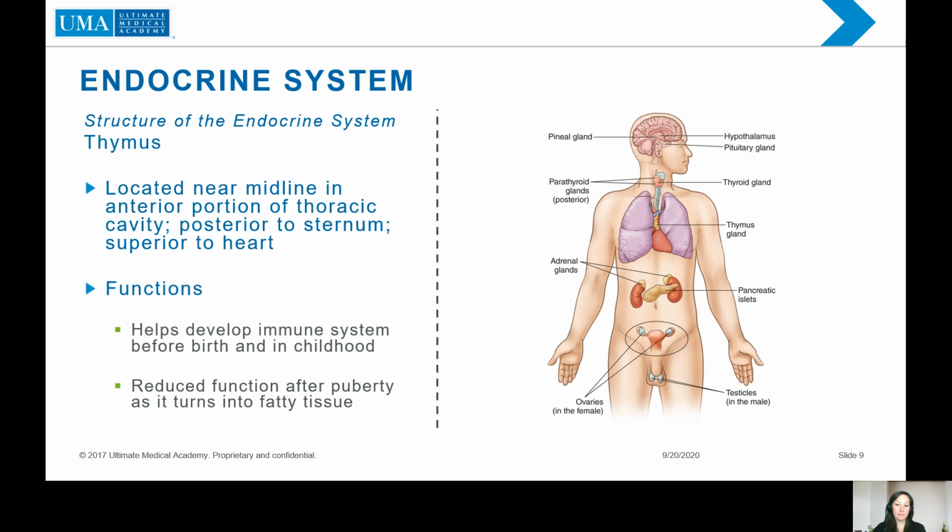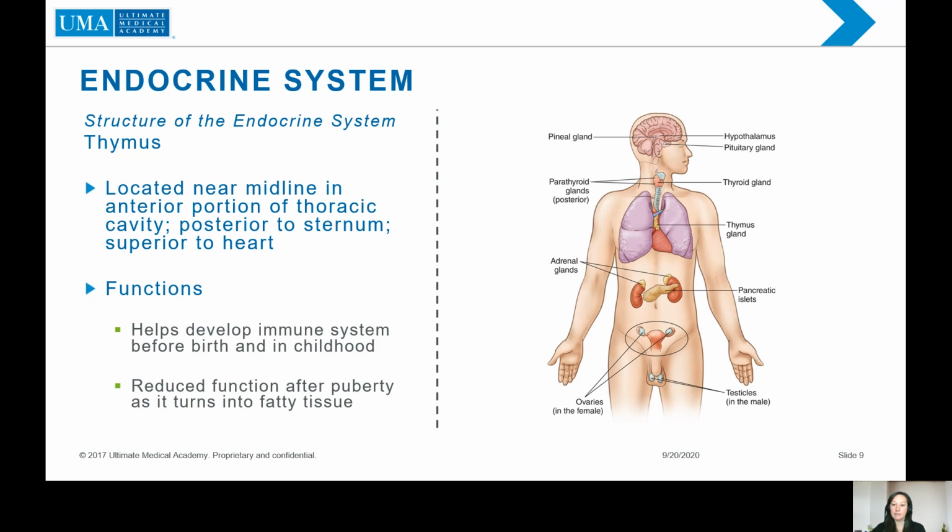The thymus. As you can see on the diagram on the right hand side, your thymus is located right in the midline anterior portion of your thoracic cavity. So it's located there underneath the shoulder blade.